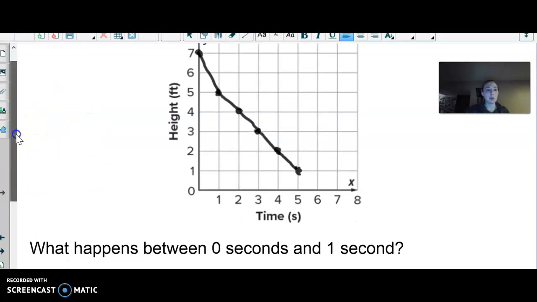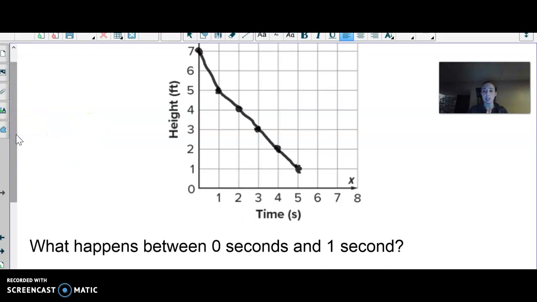What happens between 0 seconds and 1 second? Go ahead and choose. All right, there's different ways to think about this, but hopefully you chose the one that talks about how they go down 2 feet, right? They went from 7 feet to 5 feet. They dropped that initial incline. They went down 2 feet. They started to go down.